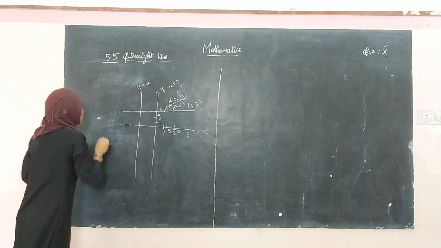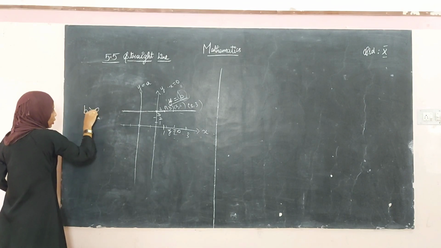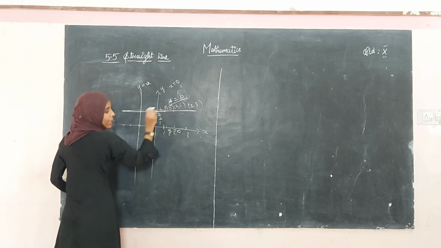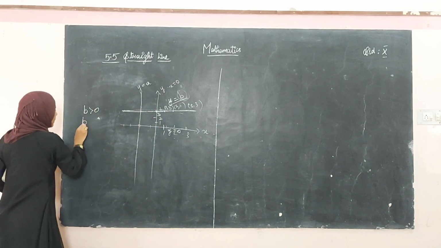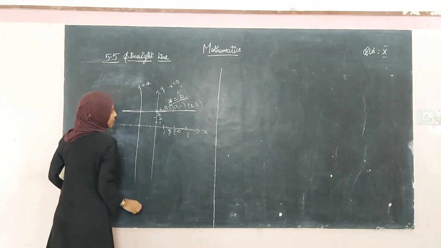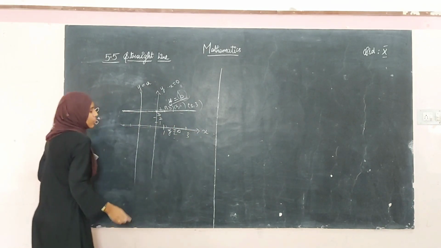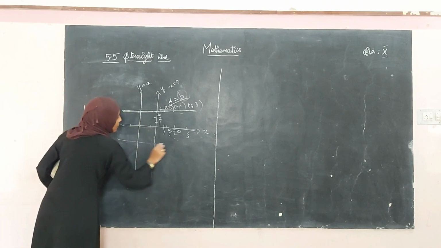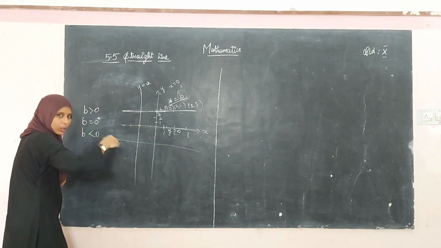Suppose if b's value is greater than 0 means இந்த லைன் வந்து axis க்கு மேல இருக்கும். Okay, if b's value is equal to 0, this line is equal to this axis. இந்த லைன் இந்த axis same ஆயிடும். Suppose b's value is less than 0 means this line will appear below the axis.